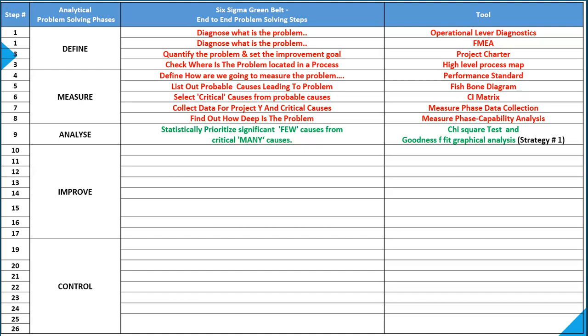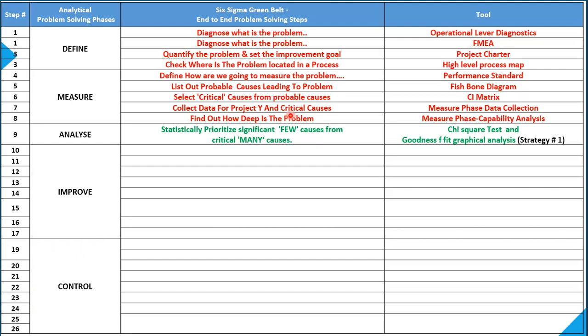Once we got those critical X's from the CI matrix, we needed to statistically test them, and that needed certain data collection, and that's where we collected the measure phase data. Once the measure phase data is collected, all that is left is to find out how critical the problem is.